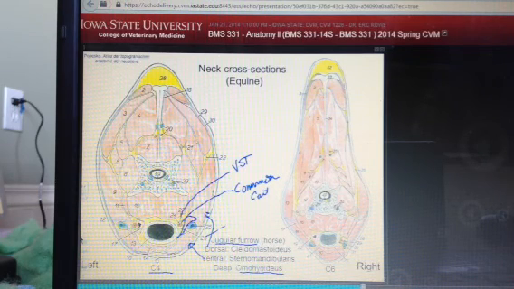This omohyoideus muscle now is providing some separation between the external jugular vein and the common carotid artery. And this common carotid artery is feeding blood to the brain. So if you end up injecting into the common carotid artery, you can kill a horse. They're not very tolerant of overdoses of anesthetic going directly to their brain.